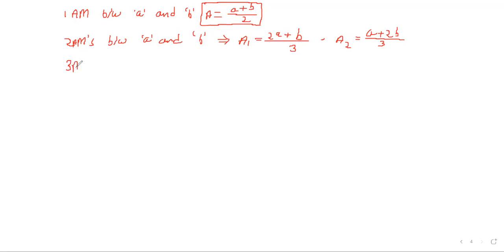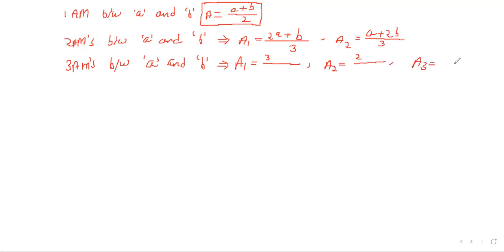If we want to find 3 AMs between A and B, first A1 will start with 3A. A2 will start with 1 less than 3, 2A.